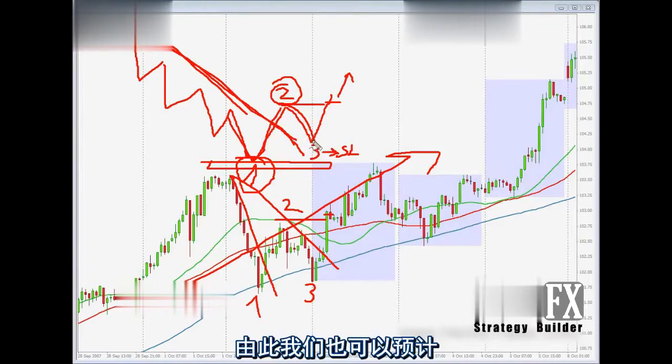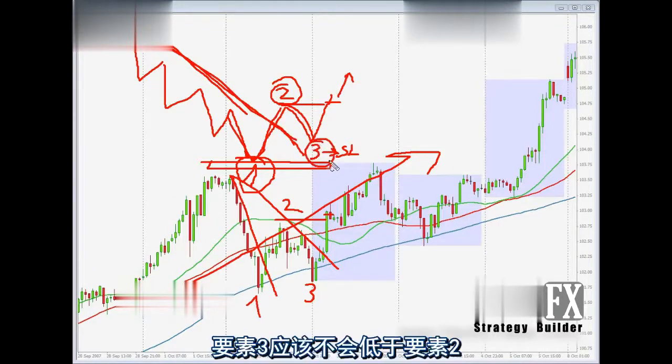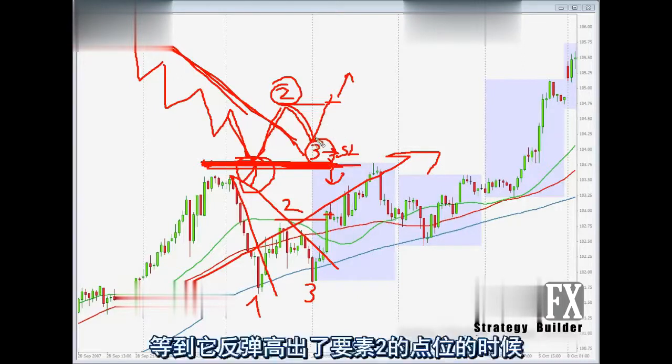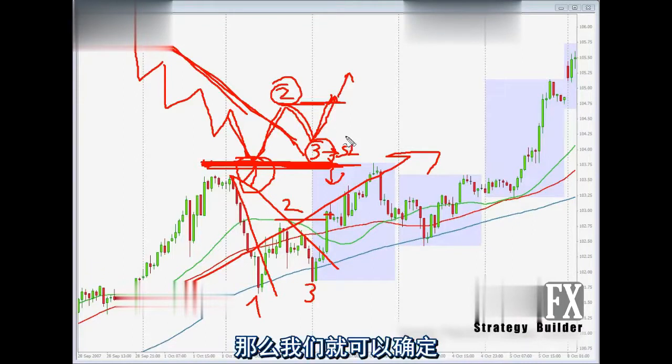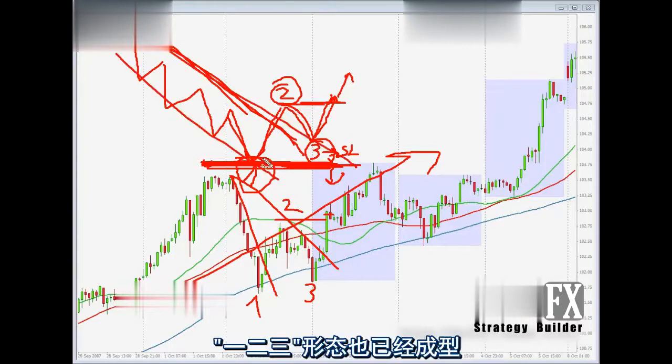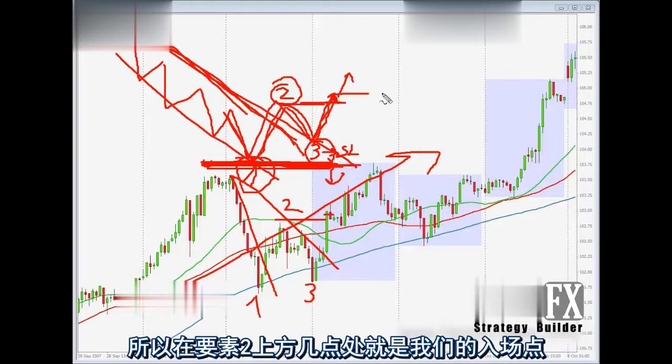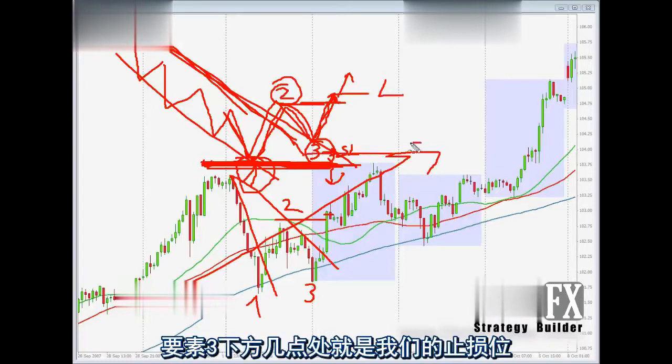At the first signal that this aspect number 3 is failing to take the aspect number 1, and therefore failing to breach the confluence of support, as the failure does happen, taking the high of the aspect number 2, we can verify that the retracement as a whole is finished, and that the 1-2-3 formation has carried through, has actually confirmed its validity, and therefore upon the takeout of the aspect number 2, sorry, that's our signal to enter long, and a few pips below the aspect number 3, that will be our stop loss.